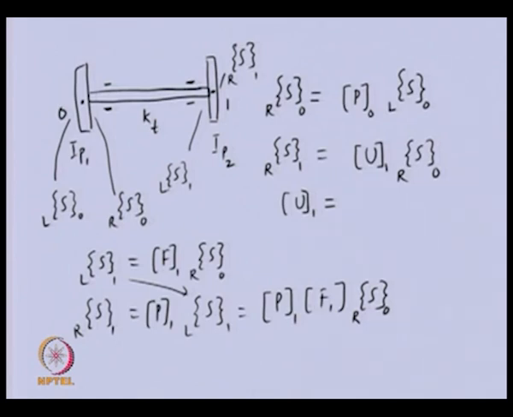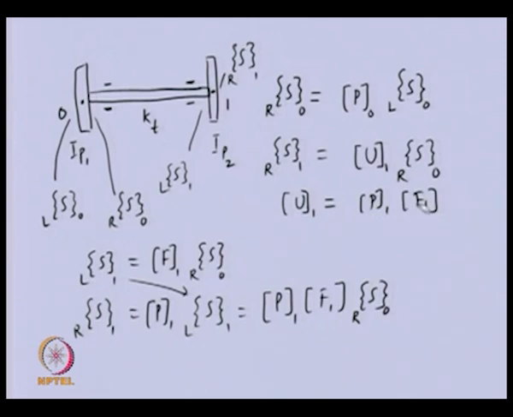The ordering is important: P1 into F1. So this step is clarified through a systematic approach: the U which we obtained earlier had a form in which P into F1 was obtained.